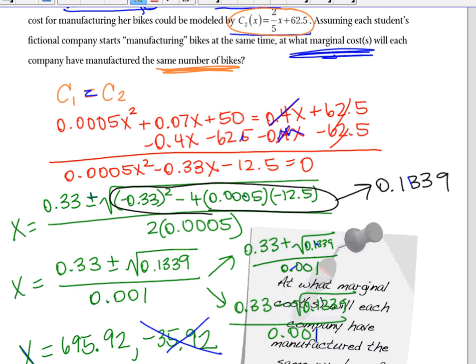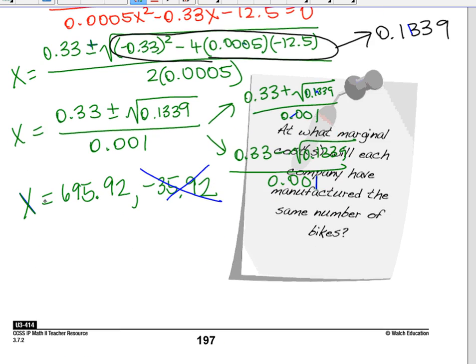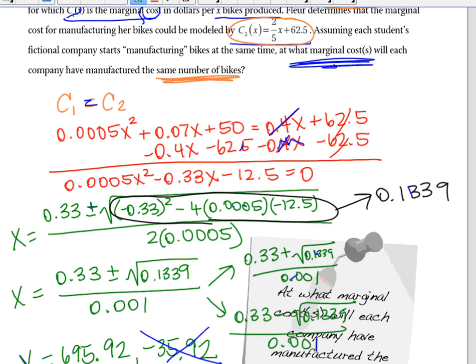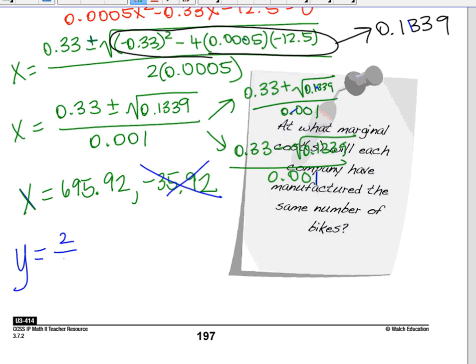Well, cost was y. So I need to take this x and go back and solve for y. I'm going to use C2 to do that because it's the easier equation. The 2/5 times 695.92 plus 62.5.